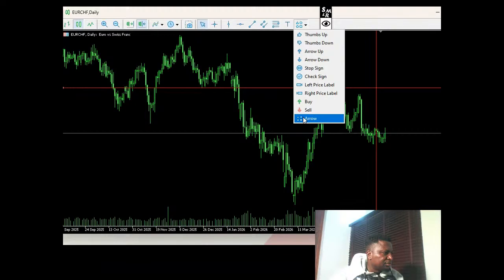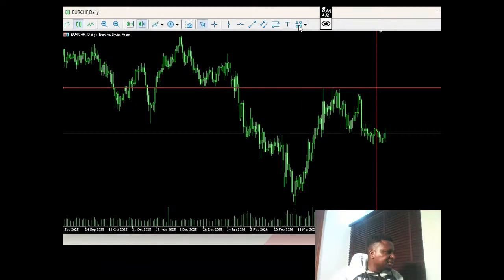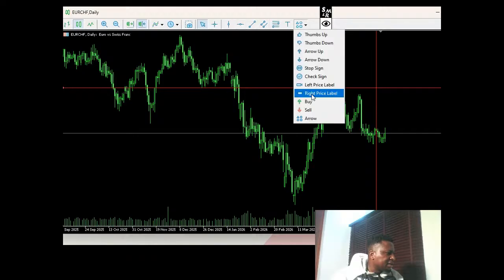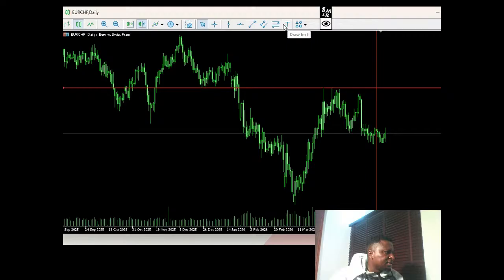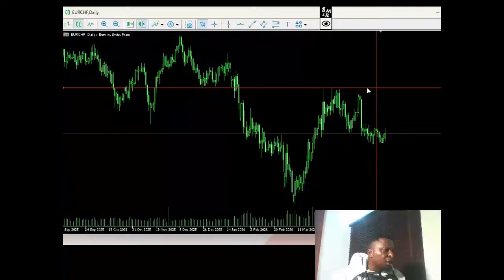No, this will not give me what I want. I can't see a square or a rectangle in the objects I have here. This is a Fibonacci, this rectangle trend, no, it won't give me what I want. So I'll be using this line tool to map out levels.